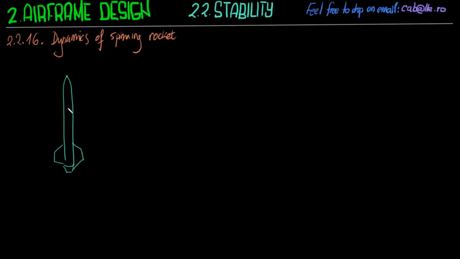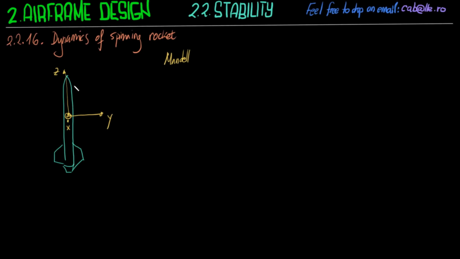What Mandel uses in his book, Topics in Advanced Model Rocketry, is this axis system: Z axis here, and this is the center of gravity, and then the Y axis here, and X axis. I'll put it here, and the Z axis doesn't follow the rocket roll.